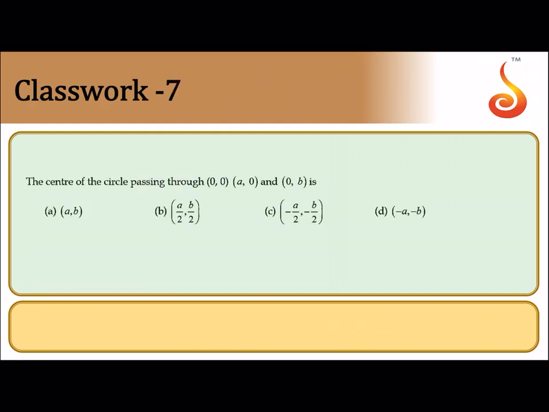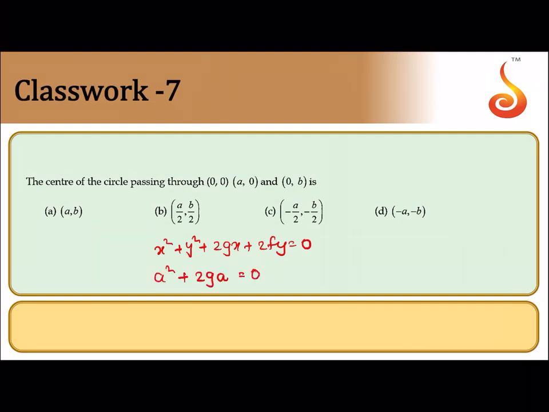So option A is correct, 1, 4. Example 7. Center of a circle passing through 0, 0, a, 0, 0, b. Any circle passing through origin we know can be written as x square plus y square plus 2gx plus 2fy is equal to 0. But it passes through a, 0.